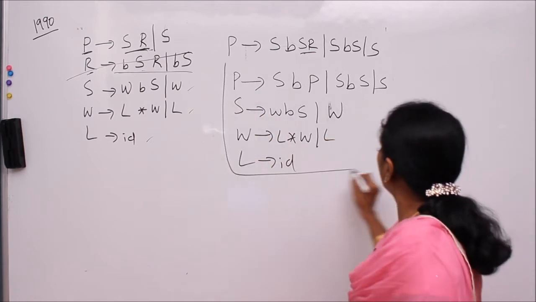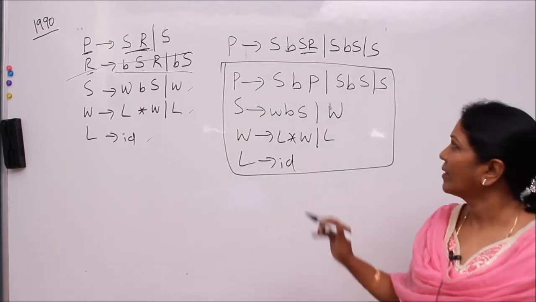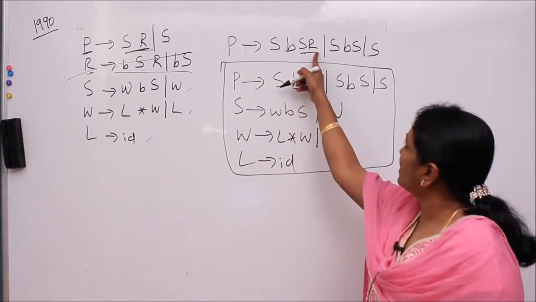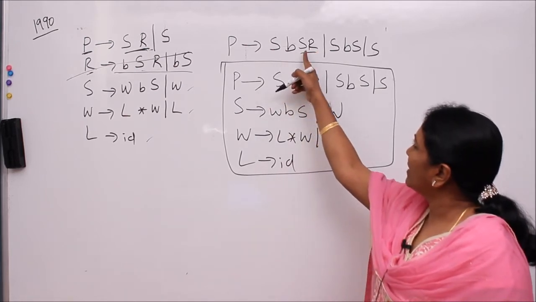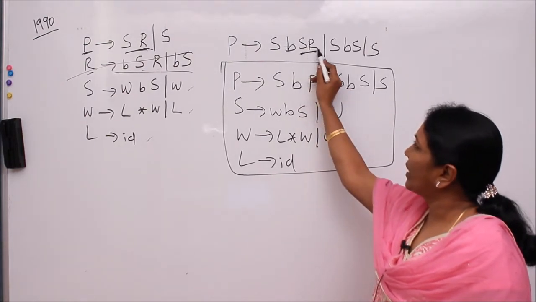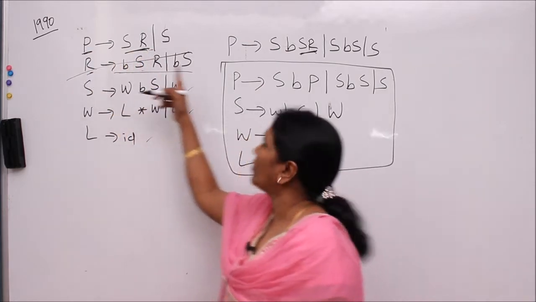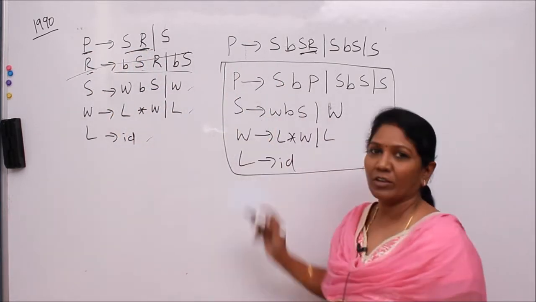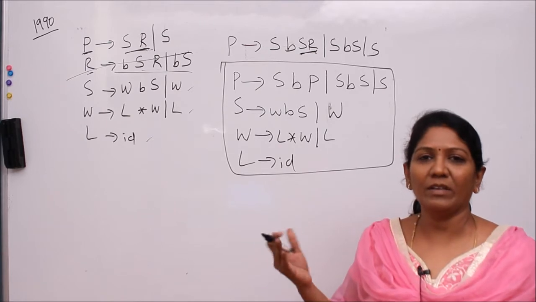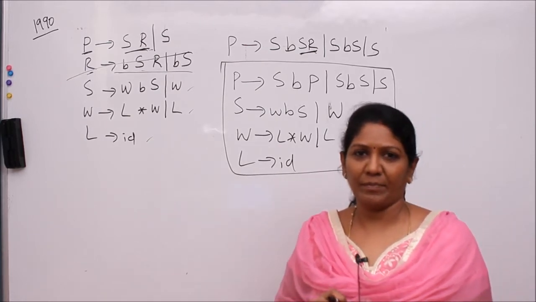This is your equivalent grammar. The only thing we did is, after expanding this R by this, once again since you are getting SR, two adjacent non-terminals are not allowed. SR stands for P, so hence I have replaced this with a single non-terminal. That is how you can always rewrite the grammar into an equivalent operator grammar.